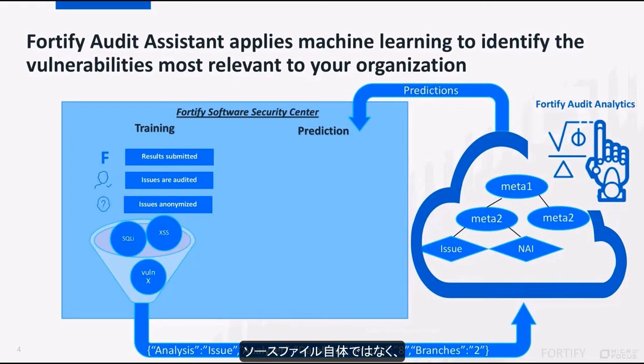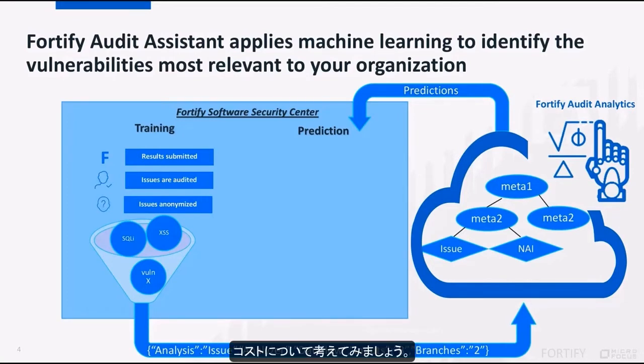So we take anonymized metadata about your issues, not the source code themselves, and we match that to past decisions that we've made, right, with our incredibly large data set of audited results, and provide you a prediction of whether something is a true positive or false positive, allowing you to automatically triage a subset of your issues and save innumerable time.